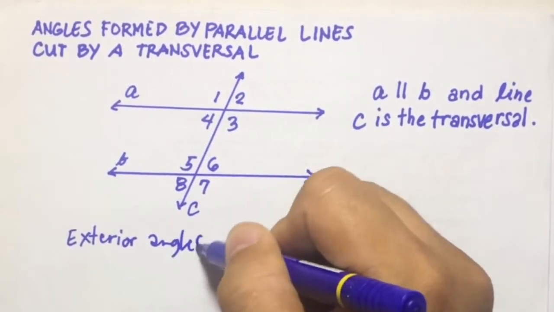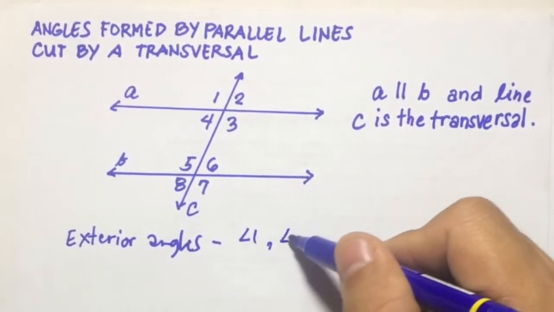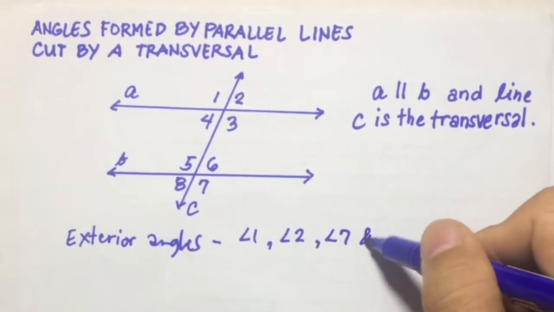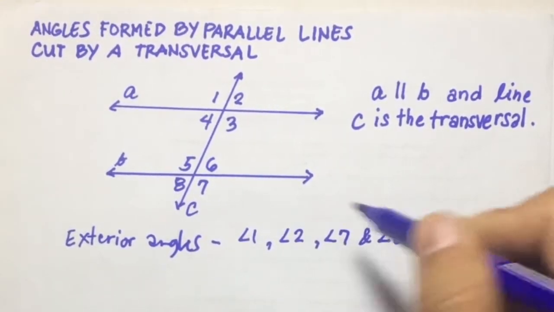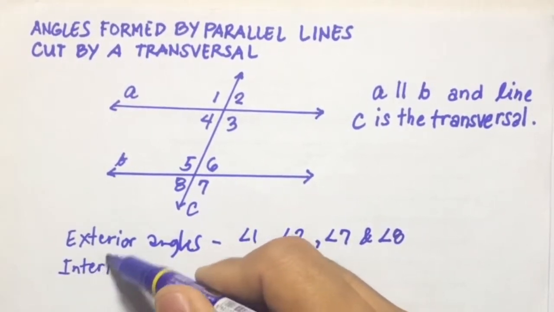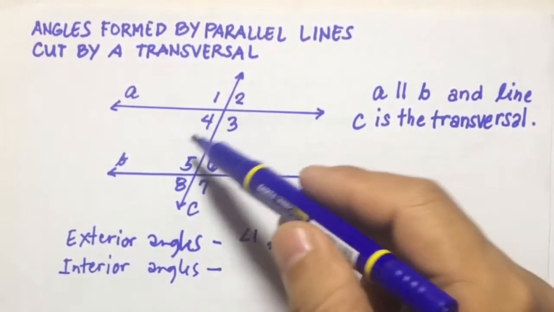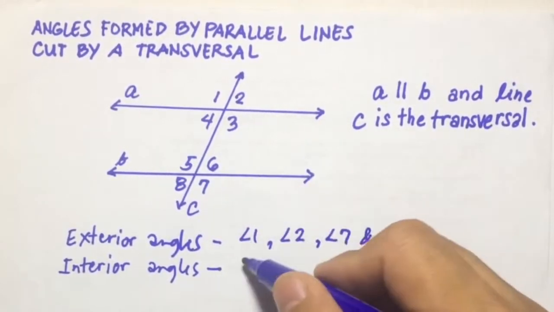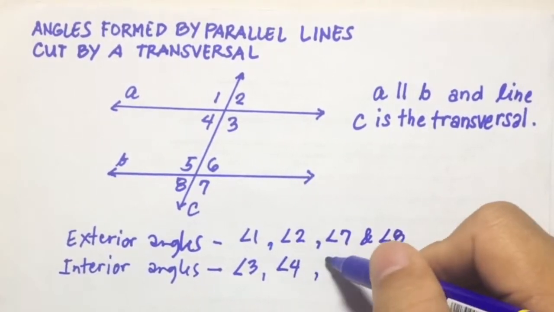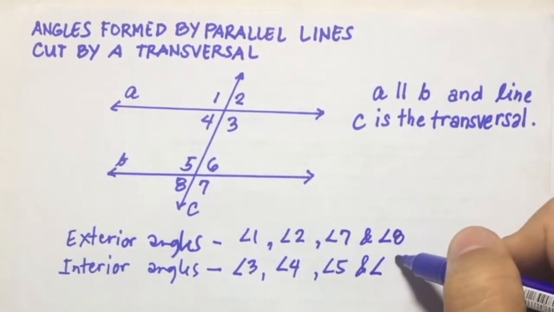Then we also have interior angles. The interior angles here are the ones that are found inside. So we have angle 3, angle 4, angle 5, and angle 6.